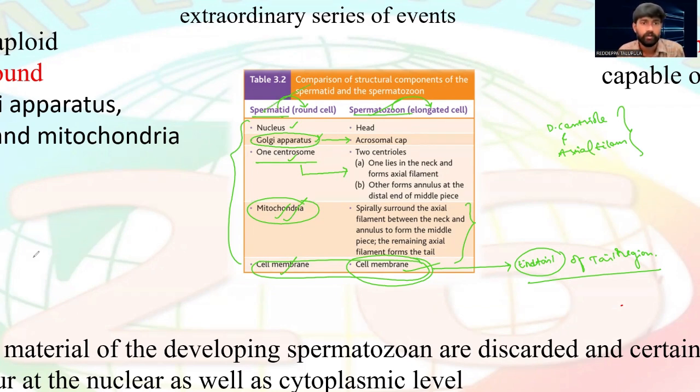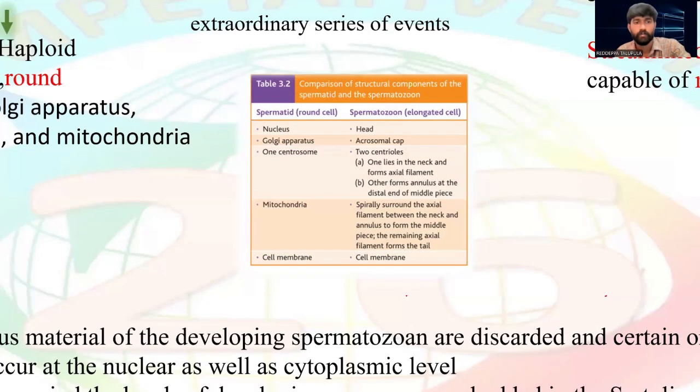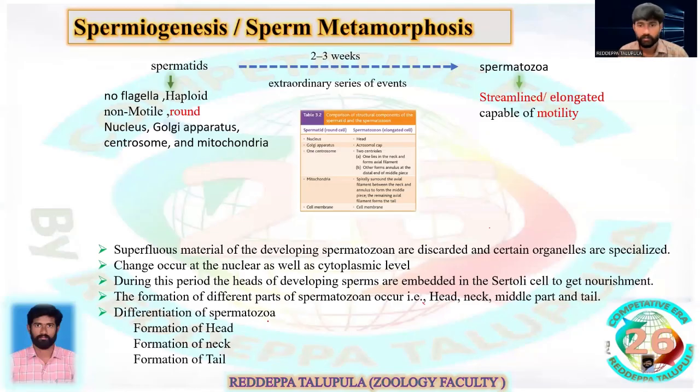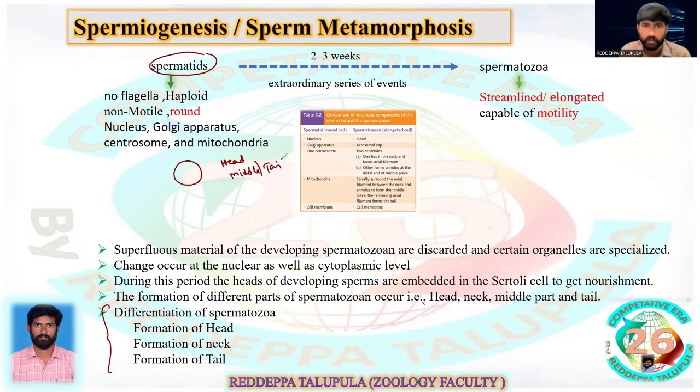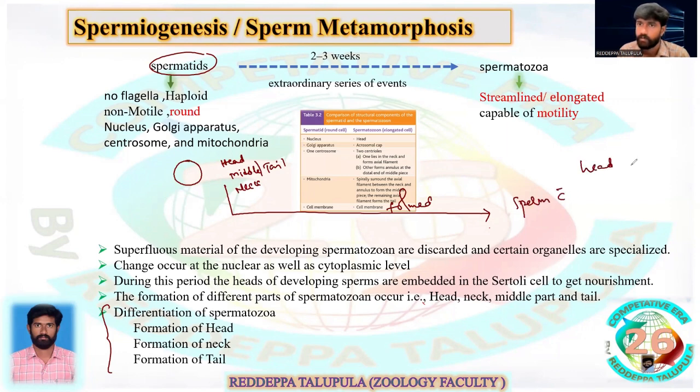Okay, now the mechanism or procedure involved in differentiation. See, the spermatid is a round structure without head, without middle piece, without tail region, without neck. But during differentiation these will be formed, and thus a sperm with head, neck, tail will be seen.